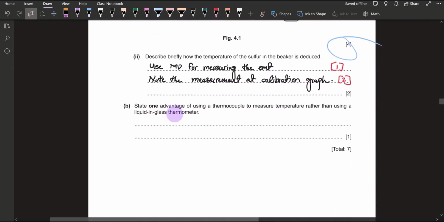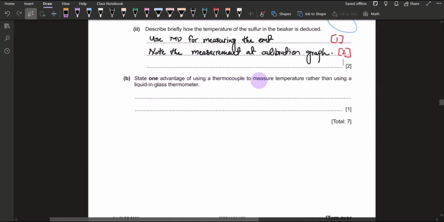Part B says state one advantage of using a thermocouple to measure temperature rather than using a liquid in glass thermometer. So the basic difference between these both is that our thermocouple is low sensitive and our liquid in glass thermometer is high sensitive.